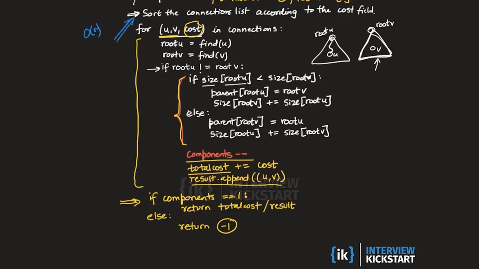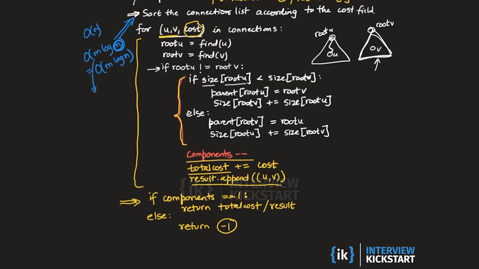The bulk of the cost is actually going to be in sorting the input list of edges in increasing order of weight. So if we have m edges here, we are going to have a sorting cost of order m log m, which also happens to be m log n, because in the worst case m is order n square and log of n square is basically the same as 2 log n, right?